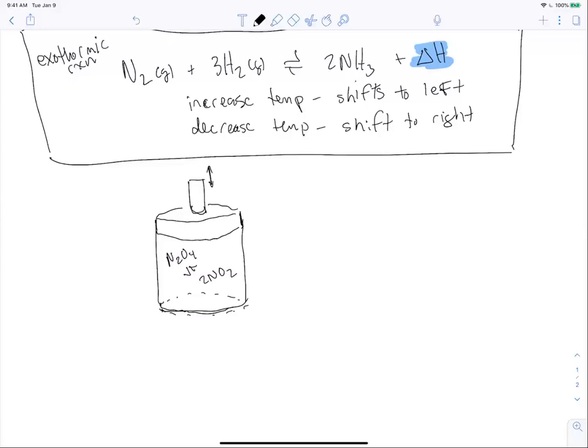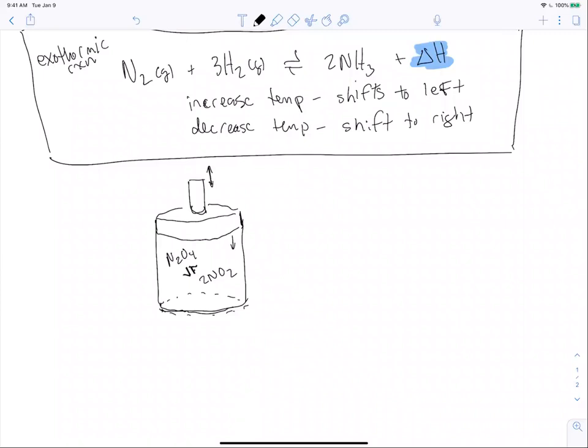So there's two ways I can mess with the pressure here. One is I can move my piston down, but that's going to cause the volume in there to decrease as well. If we decrease the volume, we know that the reaction is going to shift to the left because there are fewer moles on the left.